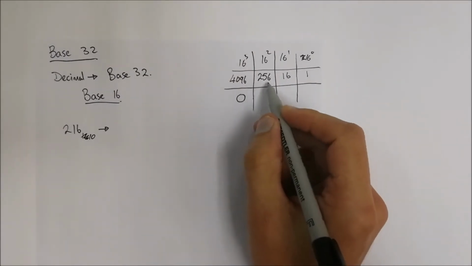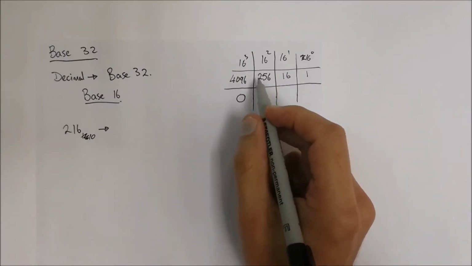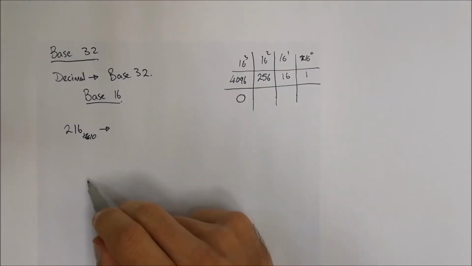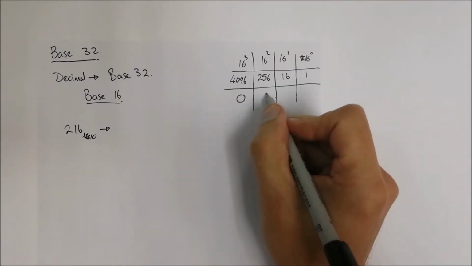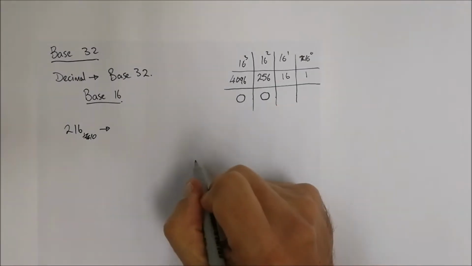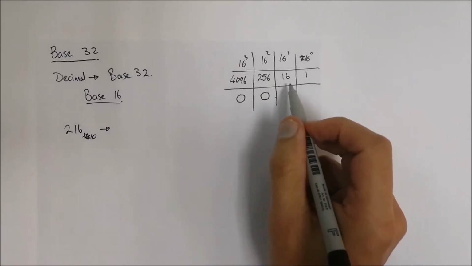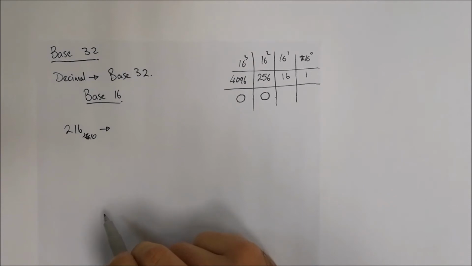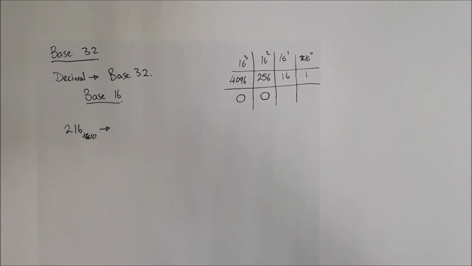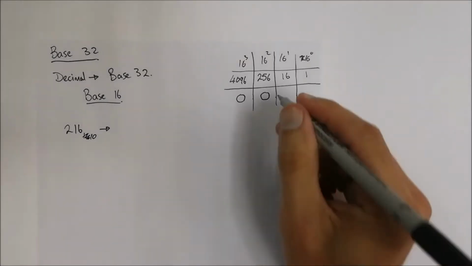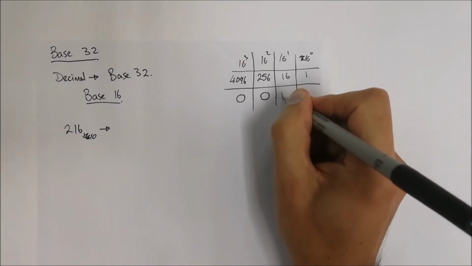We then look at 256. Does 256 go into 216? No, it doesn't. So we place a 0 over there. We then look at 16. Does 16 go into 216? Yes, it does. How many times? Well, 216 divided by 16 is equal to 13.5. So it goes in 13 times.